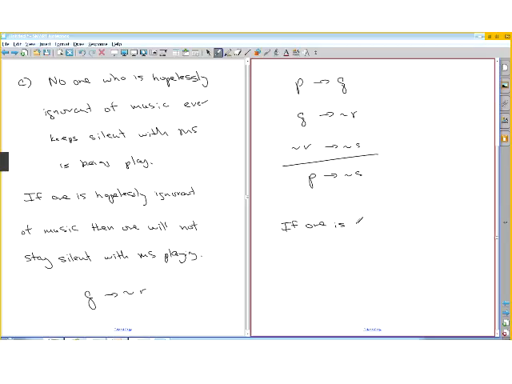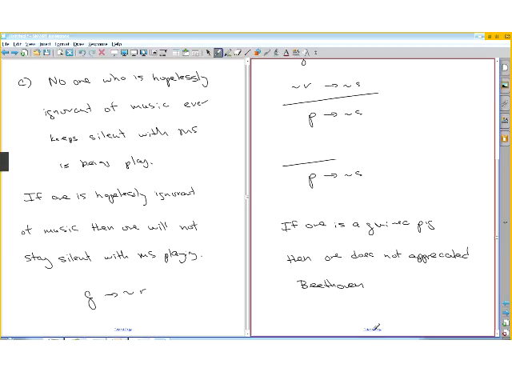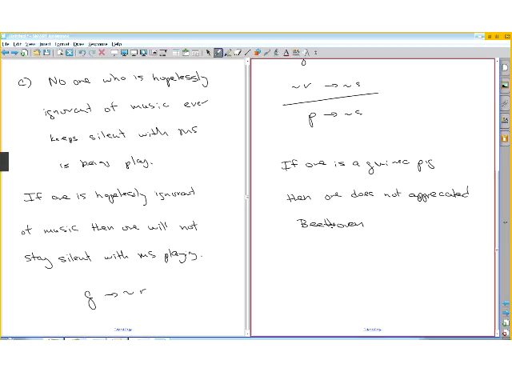So if one is a guinea pig, then, okay, the negation of S is that one does not appreciate Beethoven, which is probably a pretty good statement.